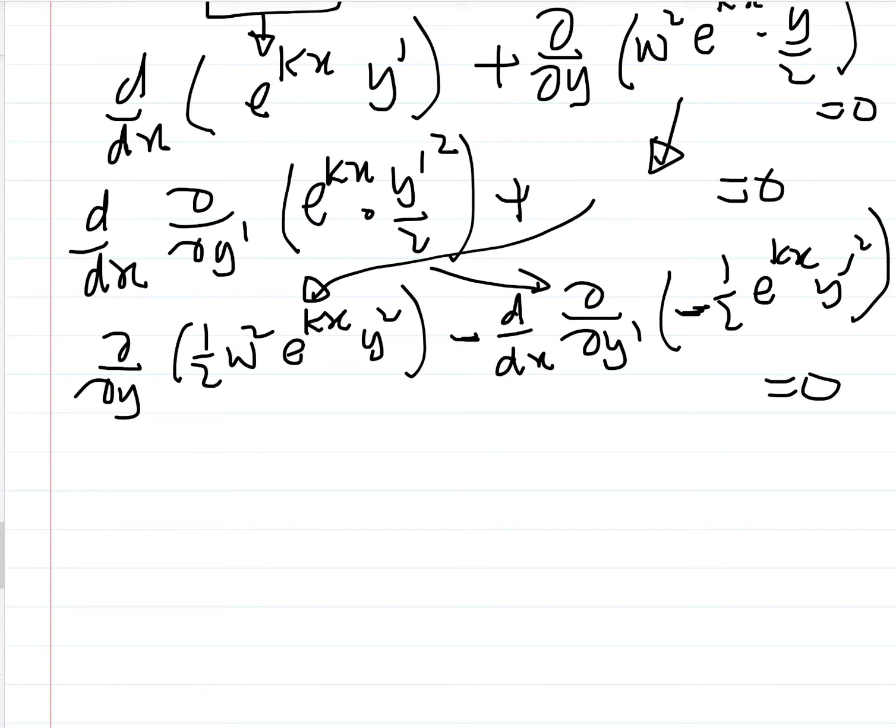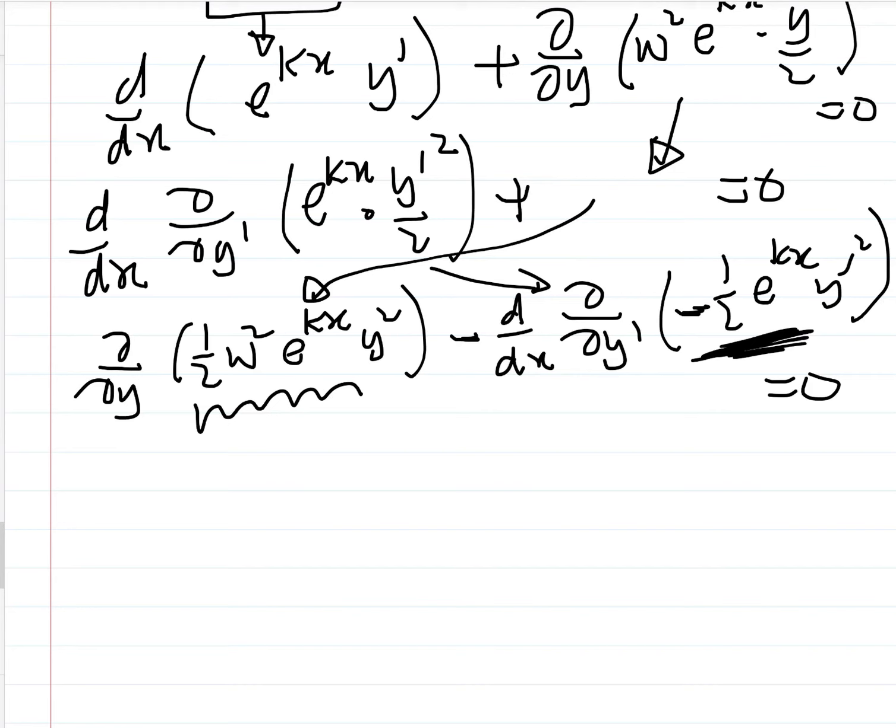Check the derivatives. The minus times the minus times the minus gives me the positive I had in the previous step, and otherwise everything else is the same. Now this term here is independent of y dashed. That term there is independent of y.